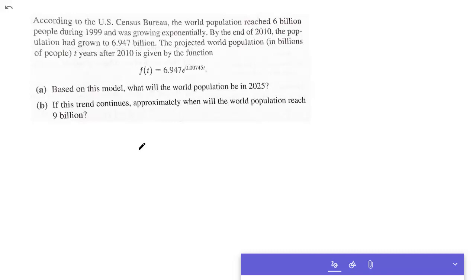And so in this particular problem, we can just plug the 2025 in, and we started at 2010. And since it was 2025, and 2010 was when we started, that'd be 15 years.